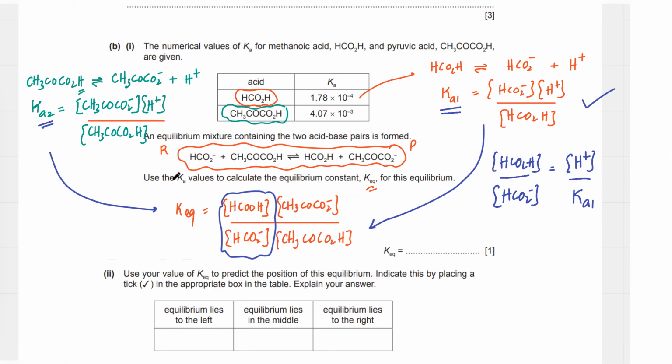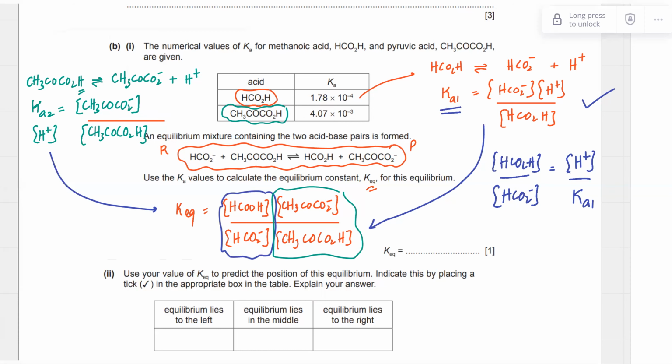Achha, same thing over here. I've got CH3CO CO2 minus 1 divided by this thing. So I can find the value of this expression from here. All I need to do is take the H plus 1 to the other side, and I get exactly the same expression.